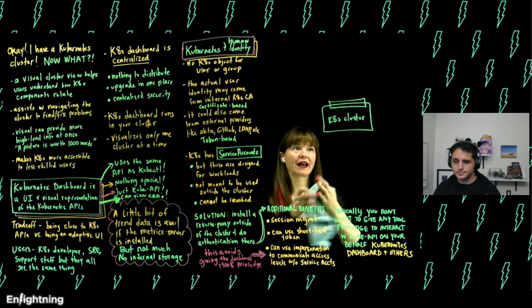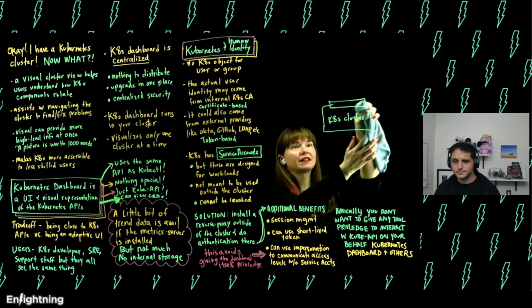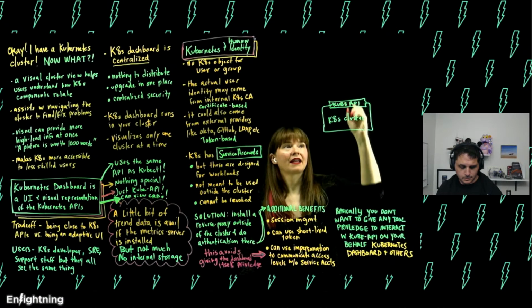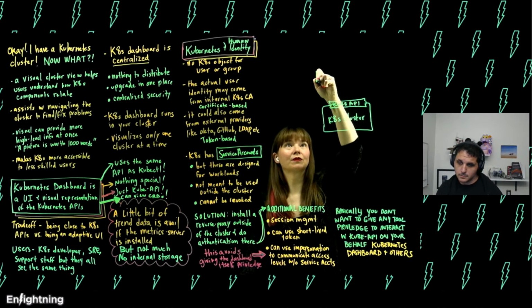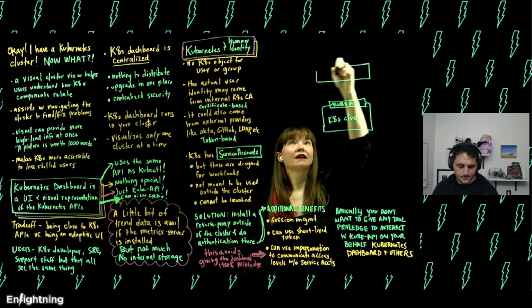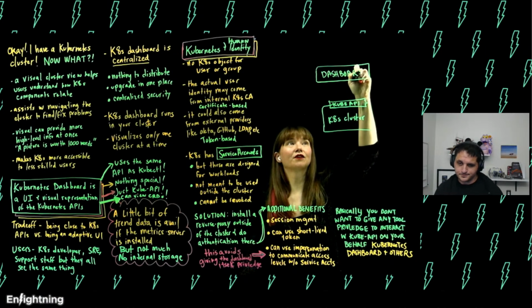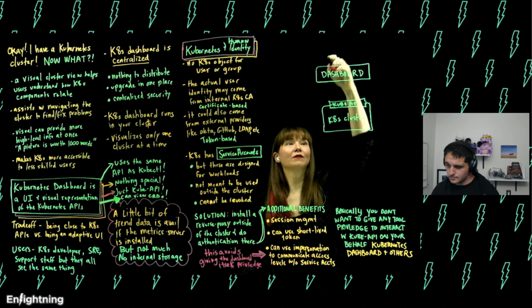That's how we're accessing information from inside of it. Yep. And then the Kube API is interacting with the dashboard. Yep. And that's how we're able to view everything we want to know, which is great.